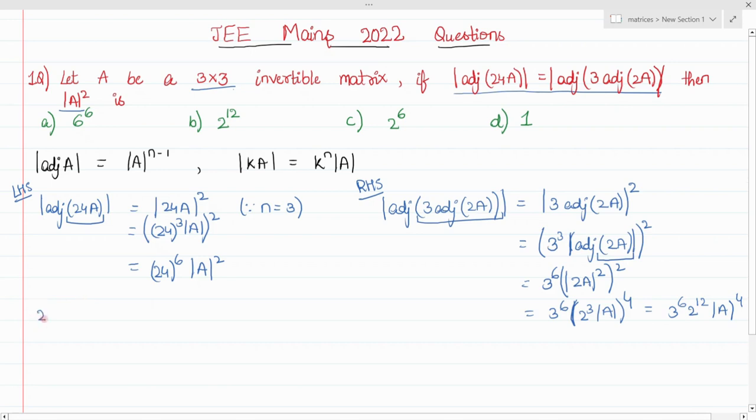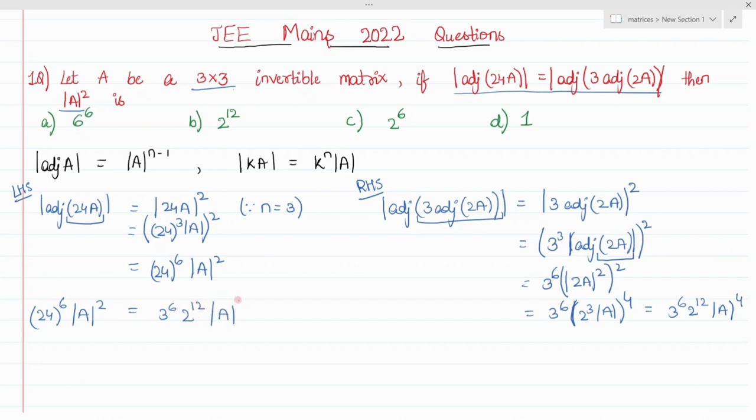Now equate LHS and RHS. You will get 24 power 6 into determinant of A square is equal to 3 power 6, 2 power 12, determinant of A power 4. Now we can write this as 3 power 6 and 8 power 6 into determinant of A square; 3 power 6, 2 power 12, meaning 8 power 4, into determinant of A power 4.